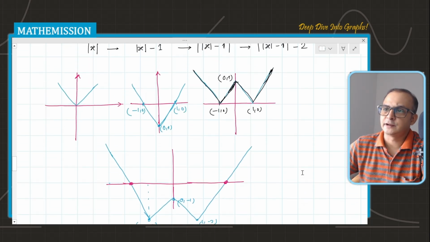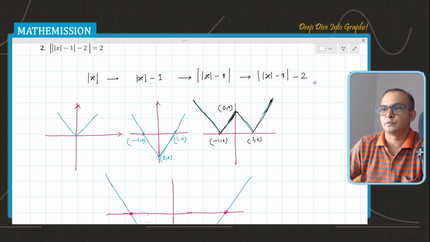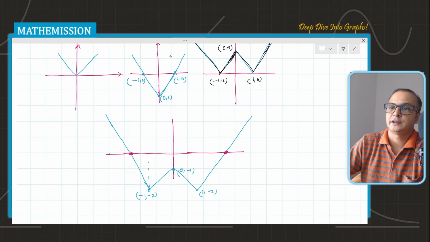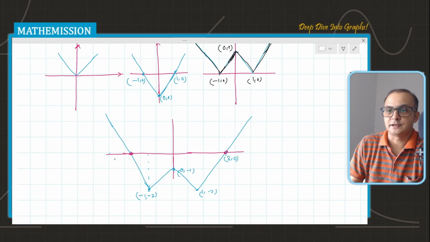So you can identify from this portion also at what number this whole thing will become 0, because you have shifted this graph below. This will become whole 0 if this thing will become 2. And this will become 2 if I have mod x is equal to 3. It means this must hit at 3 comma 0. This must hit at -3 comma 0.